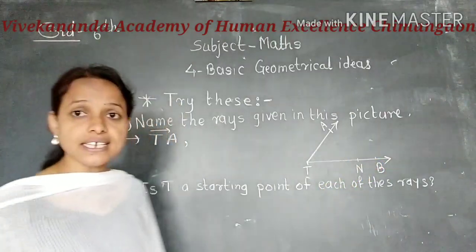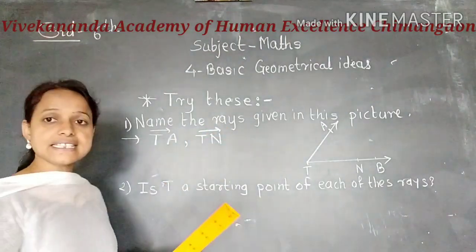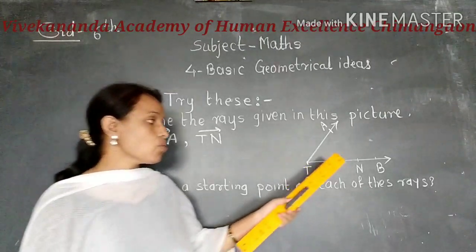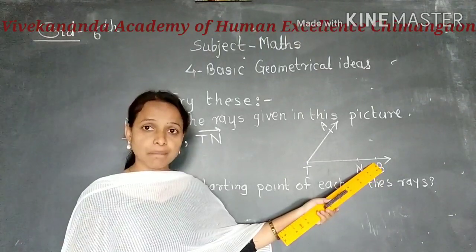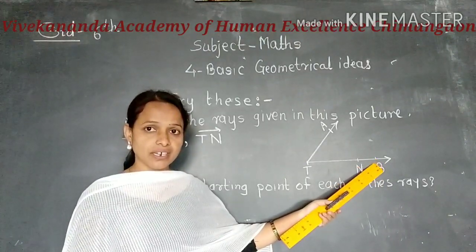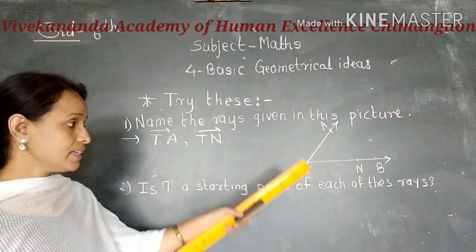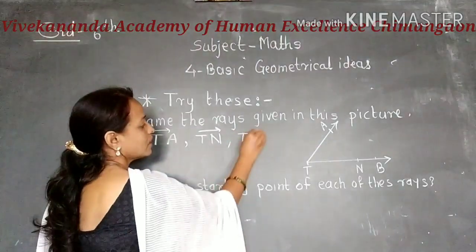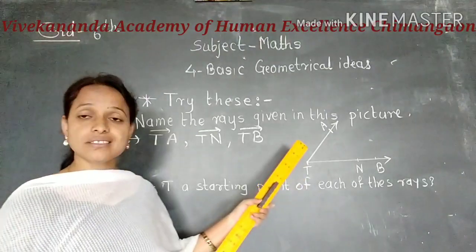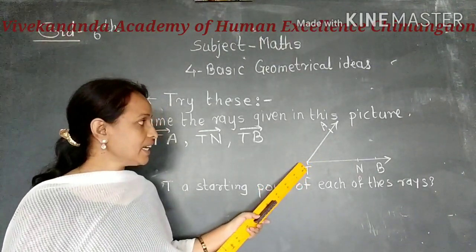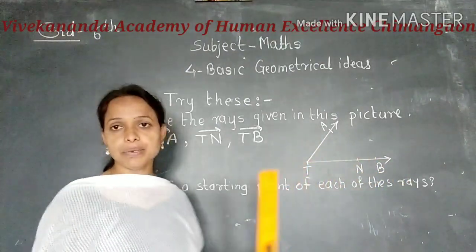So another ray is TN. Also one more point which is on the path of the ray, point B, extended endlessly in one direction. So one more ray found is ray TB. So in this figure there are 3 rays, ray TA, ray TN and ray TB.